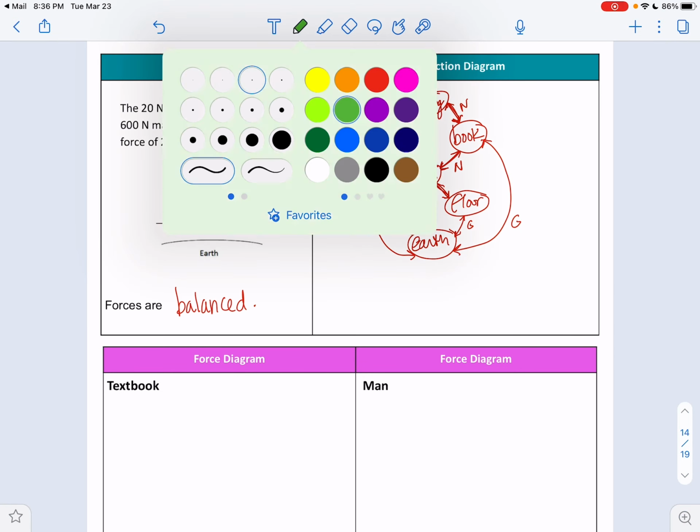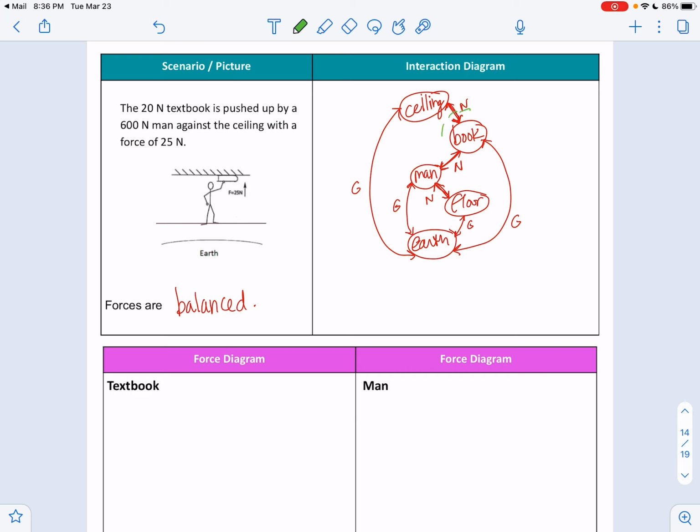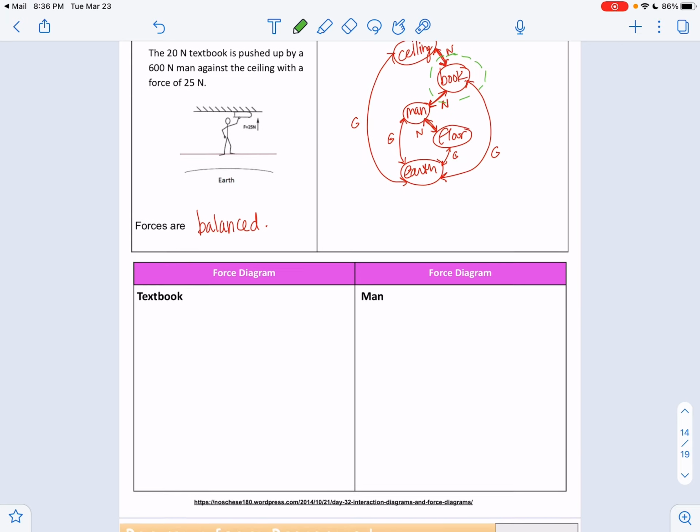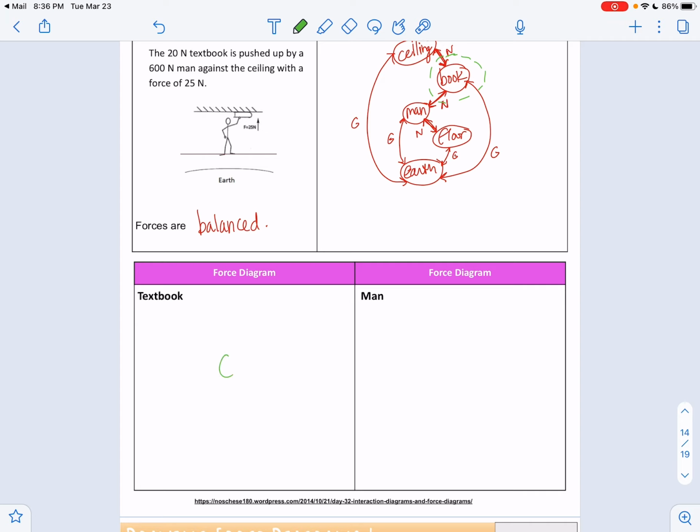So let's look at the book first. When I draw the system boundary for the book, I see 3 interactions that the book is having. Let's do gravity first, because that's always going to be there and down.